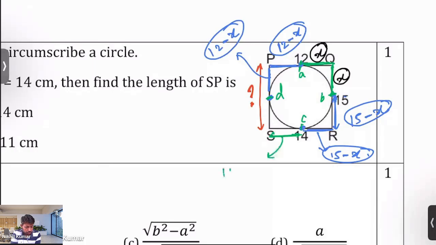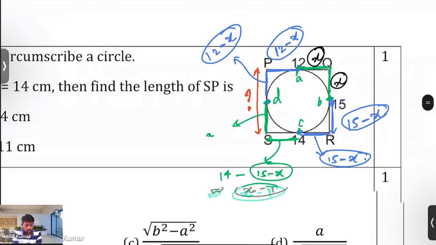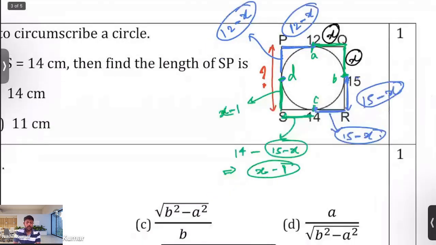It's 14 minus 15 minus x, which is equal to x minus 1. You can calculate this, it's not that difficult. It's x minus 1. If this is x minus 1, what can we say about DS? DS is also x minus 1.